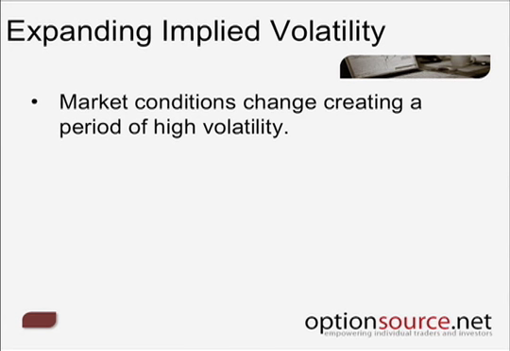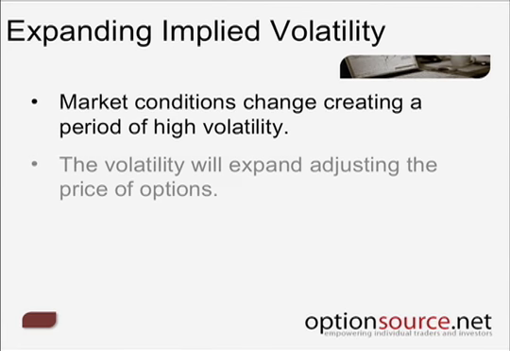So in other words, if we want to buy the option contract or sell the option contract, and the underlying security is now believed to have a high probability of making a more significant move, it becomes more of a risk for the market maker to take that opposite side of the trade. And consequently, when these conditions change, we see implied volatility expand to reflect this risk.